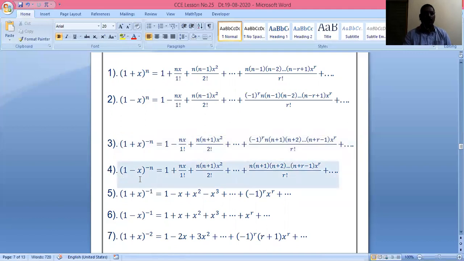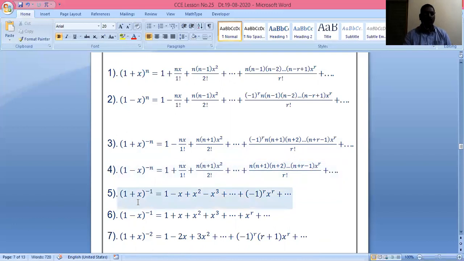Number 4, (1 minus x) to the power of minus n is equal to 1 plus nx by 1 factorial plus n into (n plus 1) into x square by 2 factorial plus up to so on, n into (n plus 1) into (n plus 2) up to (n plus r minus 1) into x to the power of r by r factorial plus up to so on.